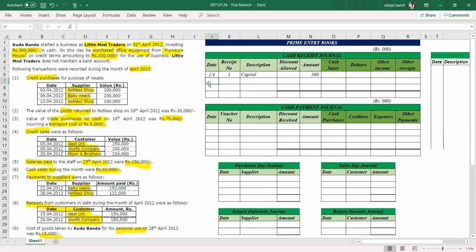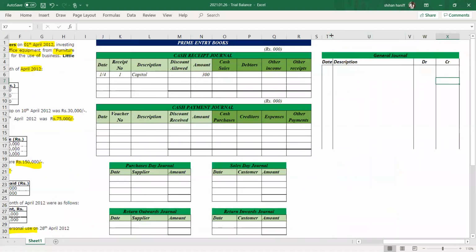So this is a credit purchase of a fixed asset. So when we purchase a fixed asset on credit, in which prime entry book do we record it? We have to record it in the general journal. So I want you to draw a general journal as well.